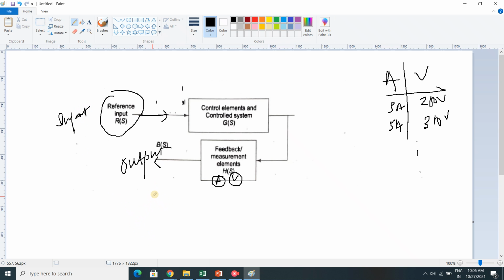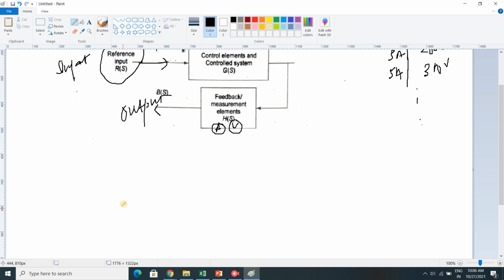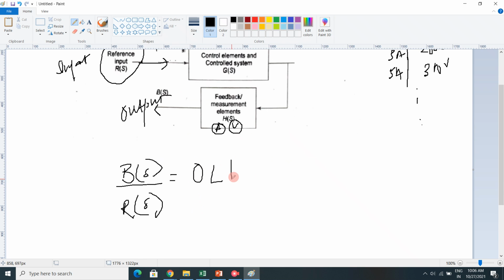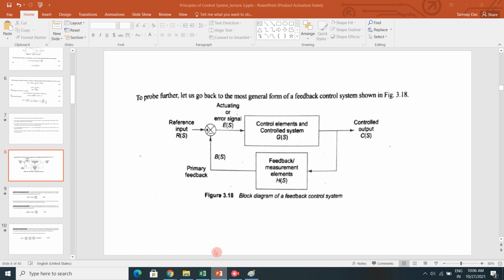The Laplace transform of output signal by input signal gives you the transfer function. So here B(s) by R(s) is the open loop transfer function of the total open loop system.